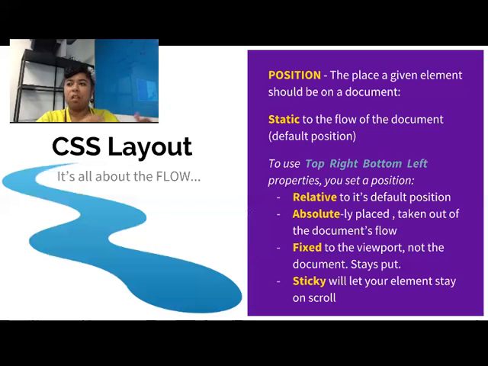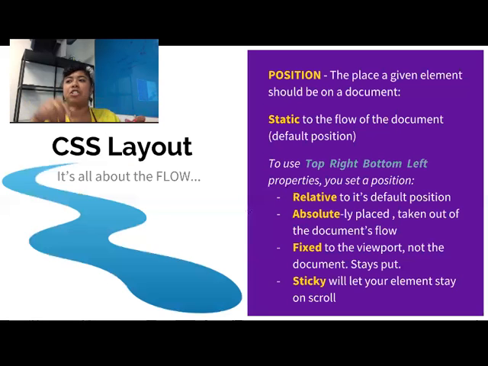Instead of us all being stacked in one line, I actually want Alex to be 50 pixels to the right. I'm really horrible at right and left, but that's what you would do. And then Alex would be like, okay, cool, now I can sit over on this other side of the document. So it's relative to where I would normally be placed in the flow of the document.